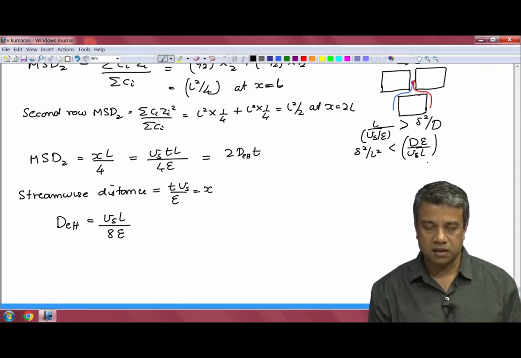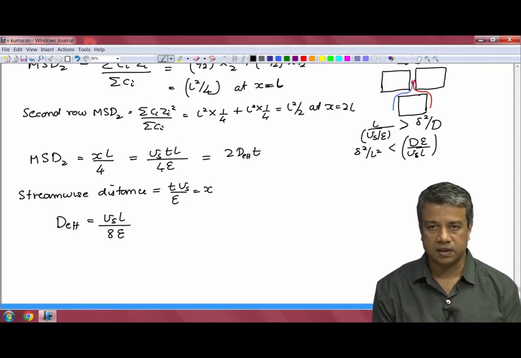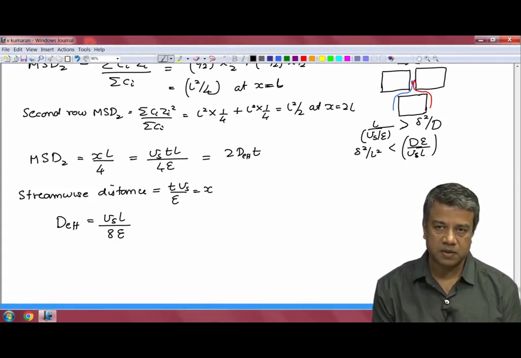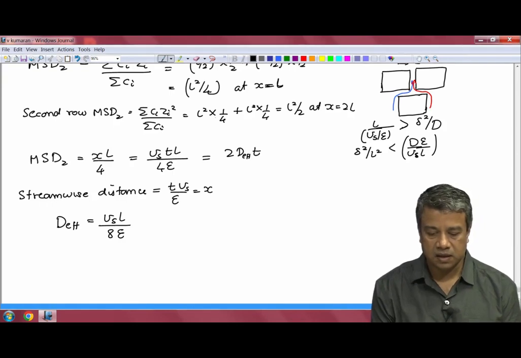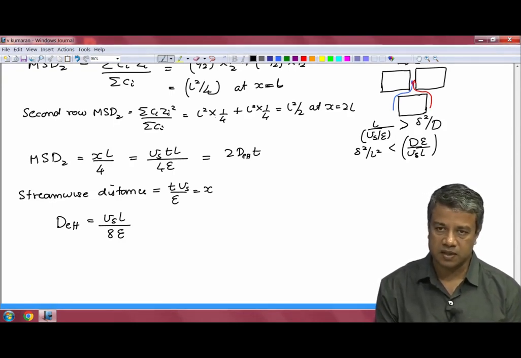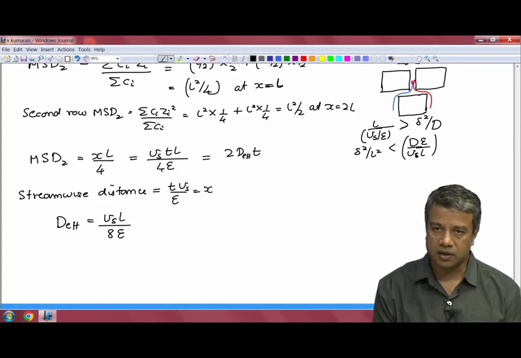Okay. This dispersion coefficient can be much larger than the molecular diffusion coefficient in many cases. For example, if you have a repeat unit of a millimeter, say, and a velocity of about a millimeter per second, the effective diffusion coefficient, the dispersion coefficient, is 10 power minus 6 or 10 power minus 7, whereas the molecular diffusion coefficient in liquids is of the order of 10 power minus 9 meters square per second for small molecules.